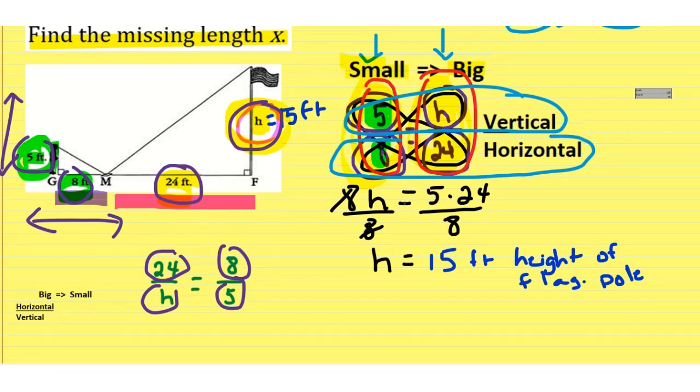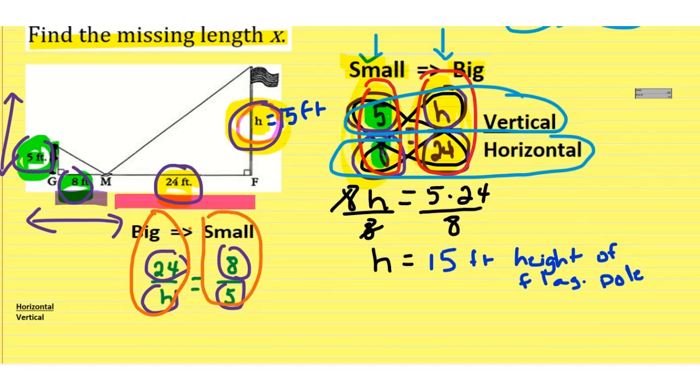So I know this seems like a lot of information right now, but I just want you to understand that there is not just one way to set up these ratios. You can set it up as long as you keep things straight in your mind. For instance, on this other setup, instead of going from small to big, we are actually going from big to small. So all of these numbers have to do with the big triangle, and this has to do with the small triangle.